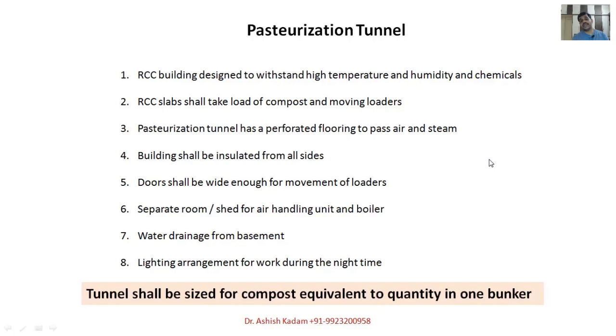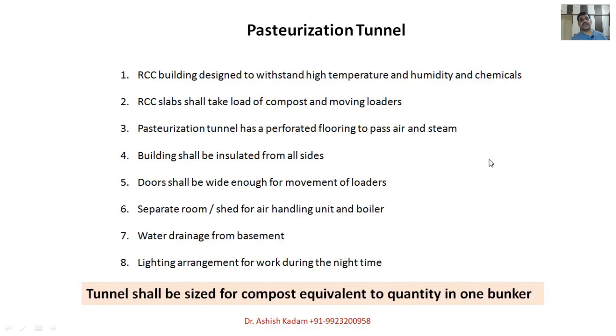There should be the right proportion of open area out of the total area for the movement of air. We have seen that people keep maybe 20% or 25% of the area open, and then you will not have the right circulation of air and steam. And if the steam is not circulated rightly, then the pasteurization will not be proper.